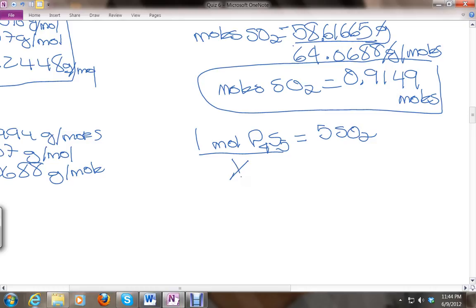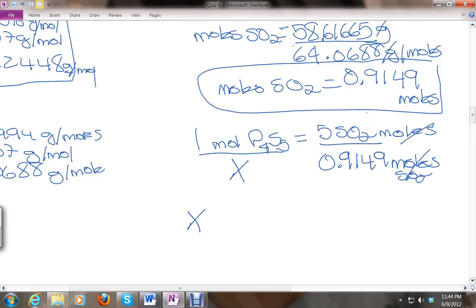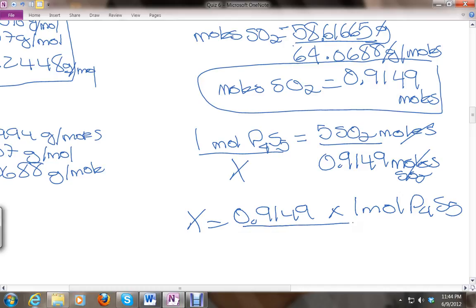So it's going to be X because this is what we want, and here would go 0.9149 moles. And this is moles of SO2, and this is SO2 moles too. So this and this cancel out, right? And you got X, it would be 0.9149 multiplied by 1 mole of P4S5 divided by 5.